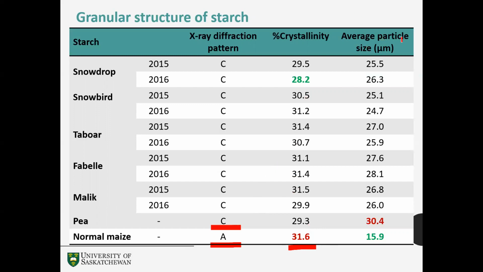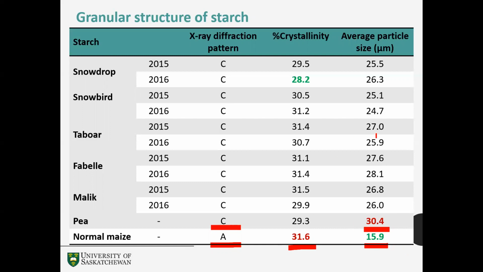Regarding the average particle or granular size, all the faba bean starches had granules slightly smaller than those of the pea starch. But all the pulse starches show considerably larger granules than the normal maize starch. The average particle size of the normal maize starch was only half of that of pea starch.